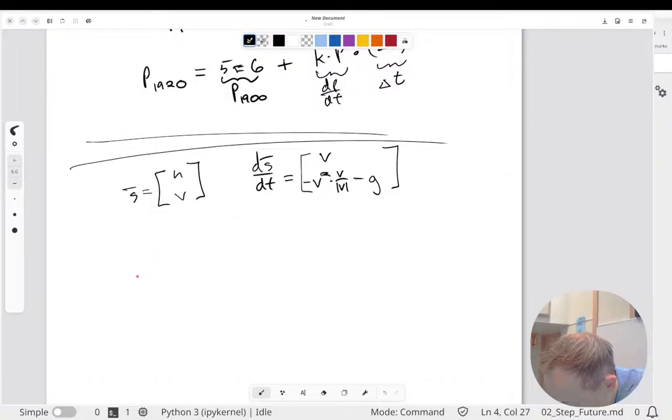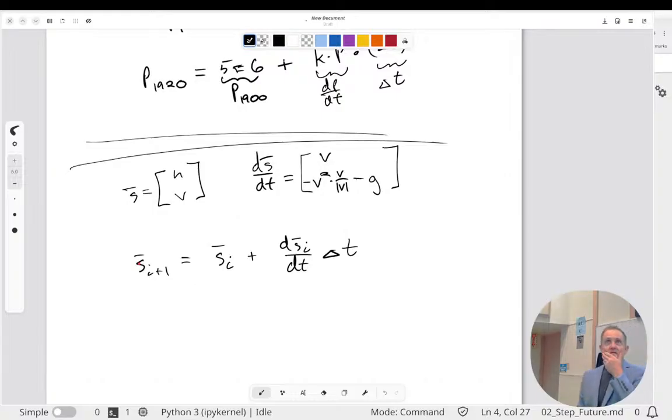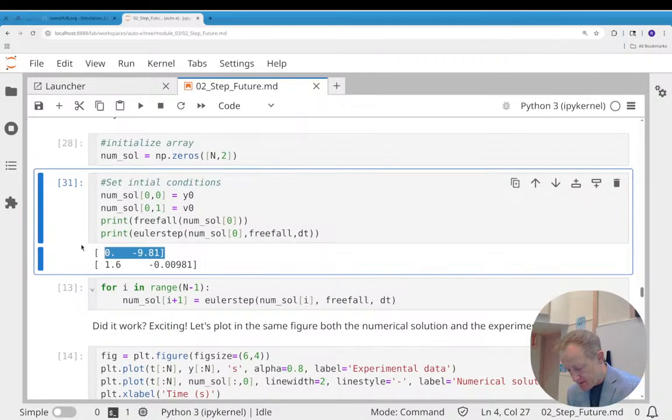So we have S of i plus 1 is S of i plus ds dt times that delta t. So we're taking that current state and adding an exact value of what its change in state is, but approximating that it's constant for some length of time.